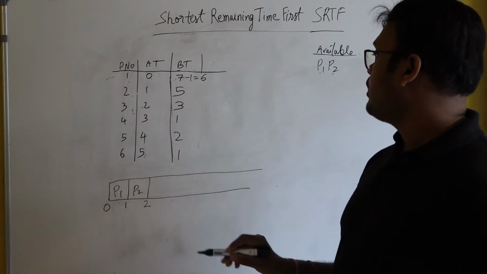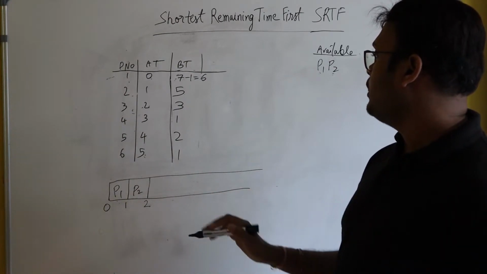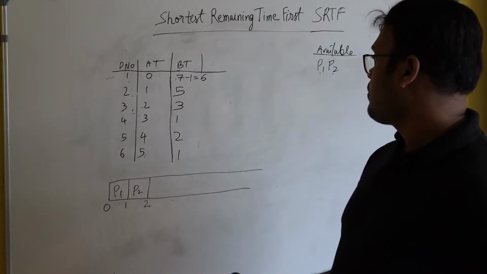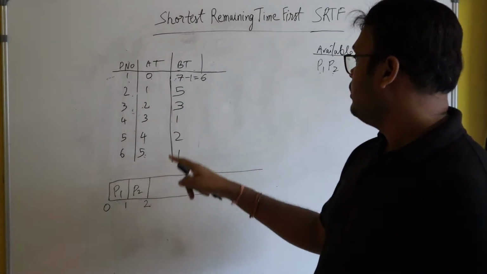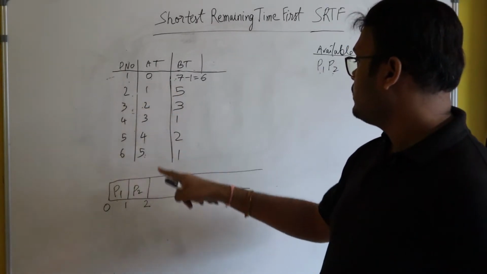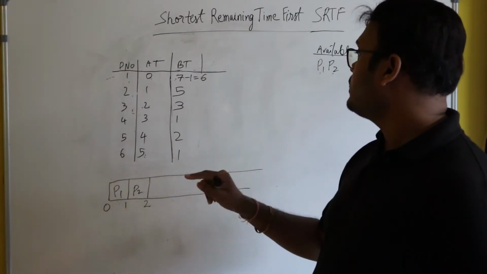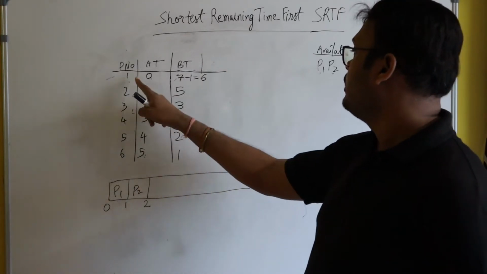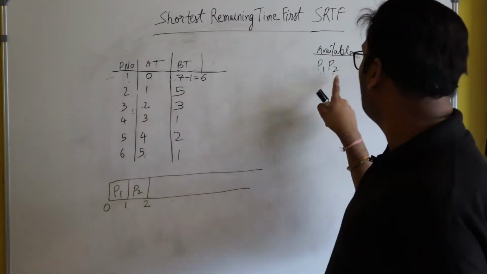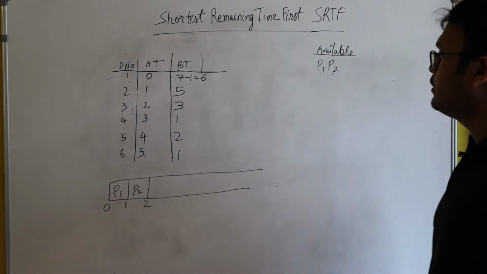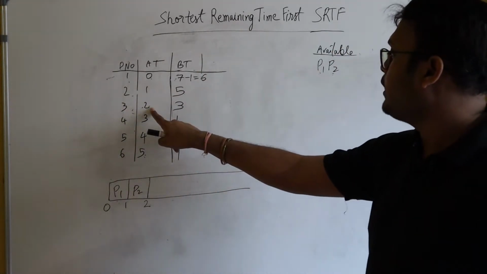How many processes are available? From 0 to 2 seconds, 3 processes will be available. P1 is already there, P2 is already there, and now P3 is there, because P3 has arrived at t equal to 2.